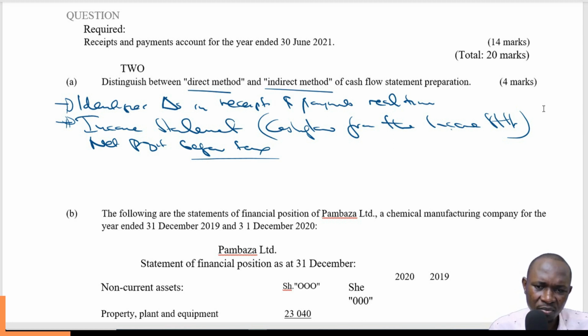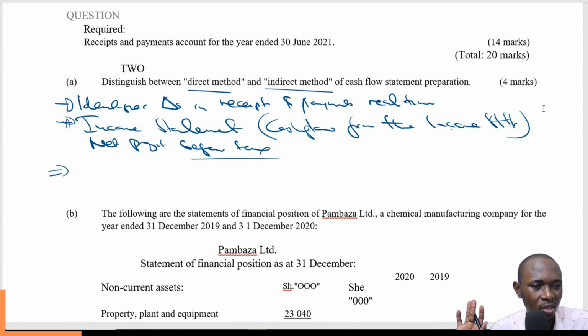The other difference possibly is that the direct method is not so much used. It's not commonly used, unless you're talking about small businesses. Small businesses might find it useful because of the few transactions that they have. Otherwise, for bigger businesses, the indirect method is preferred, and so it's commonly used.